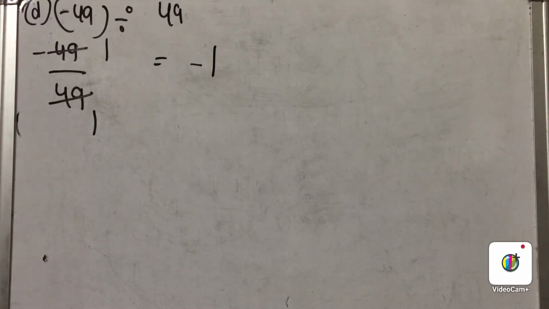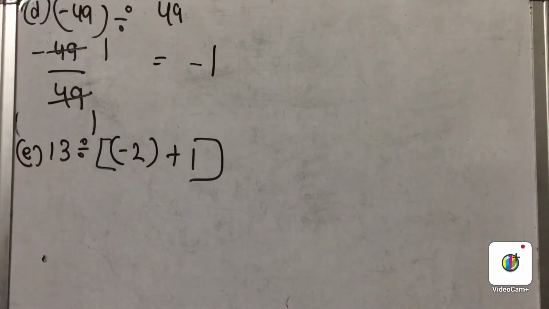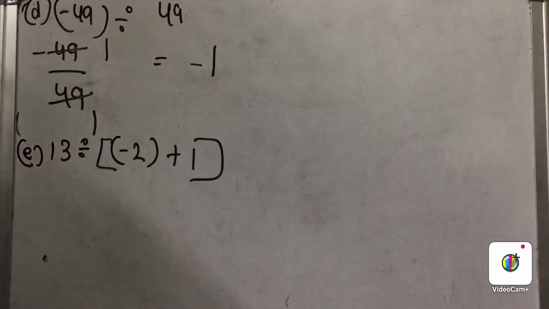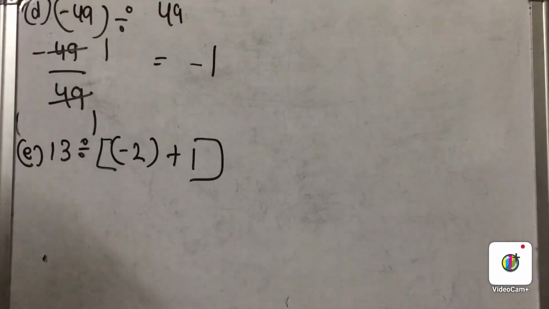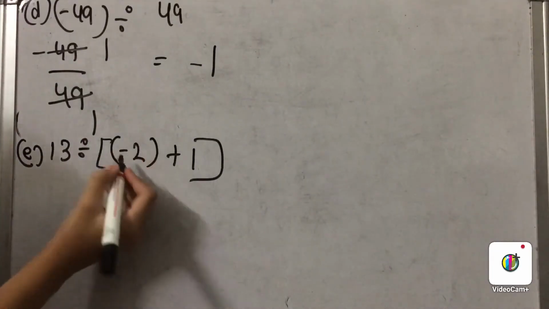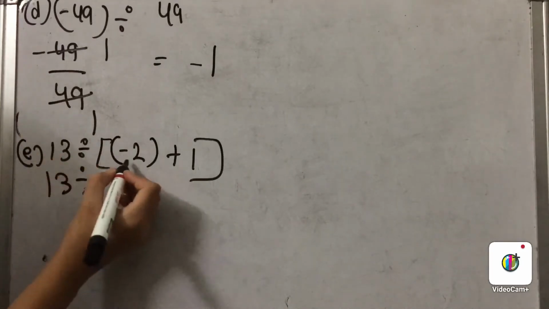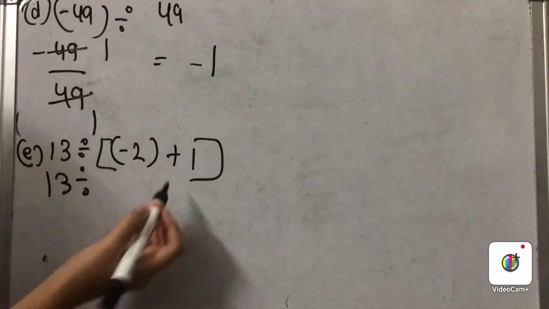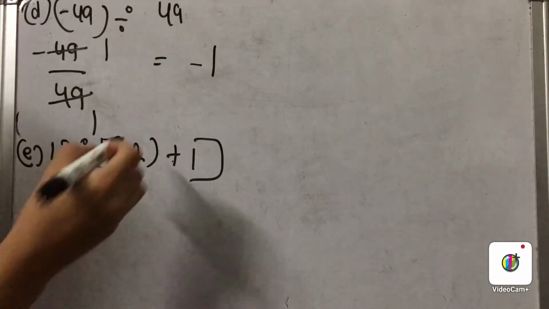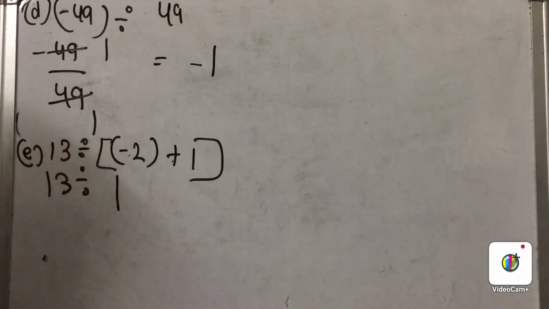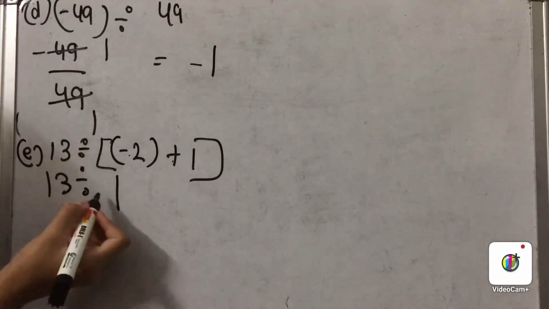Now let us come to our part number E. According to the BODMAS rule, you have to firstly solve the brackets. So firstly we will solve minus 2 plus 1. So this will be 13 divided by minus 2 plus 1. 2 minus 1 is 1, and which one is bigger, 1 or 2? 2 is bigger and the sign in front of 2 is minus.